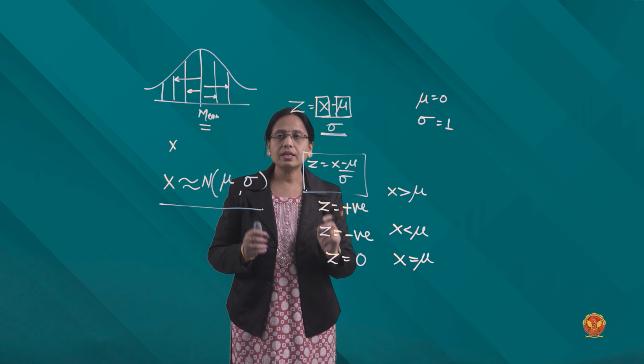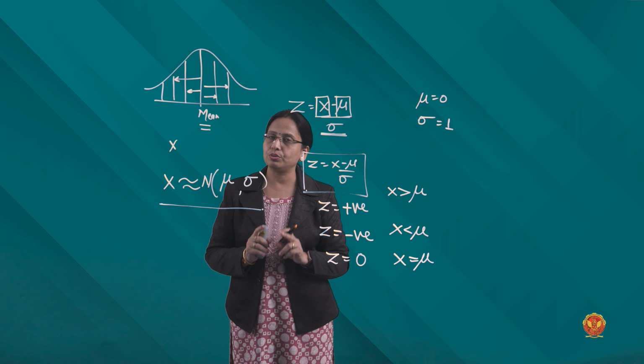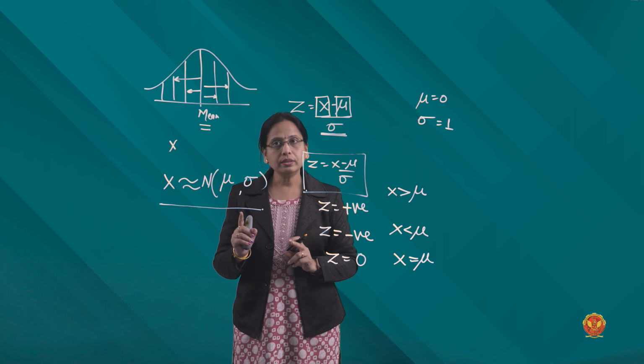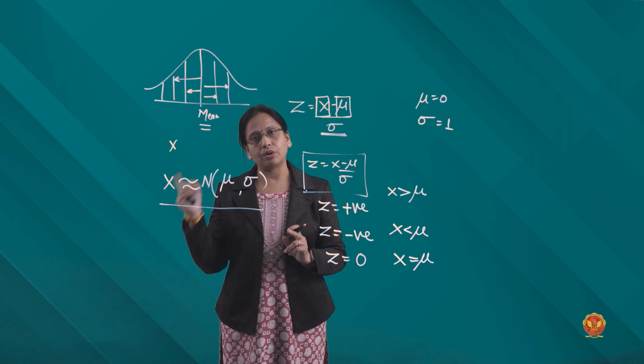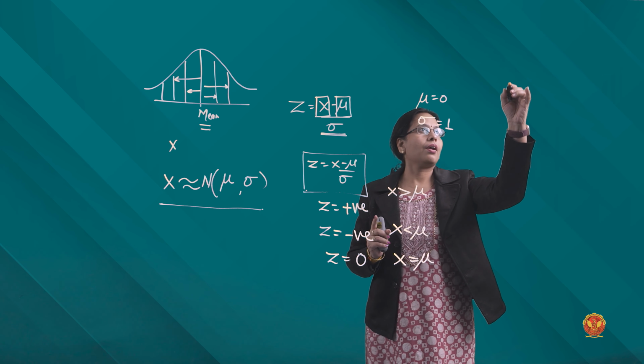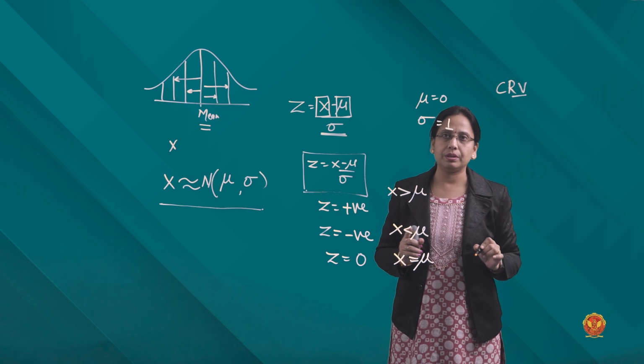Now, there are certain key terms which have to be taken care of when we deal with the normal distribution concept. One key term is the continuous random variable, which we have already discussed under random variables. What is a continuous random variable?